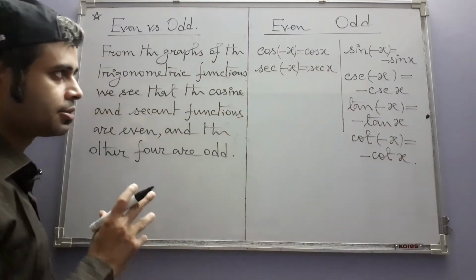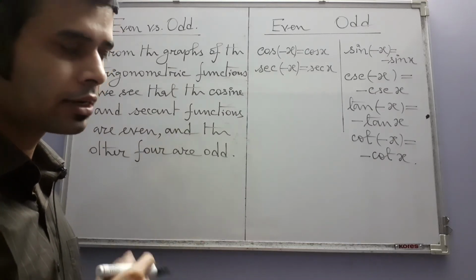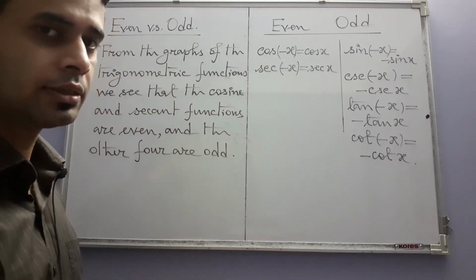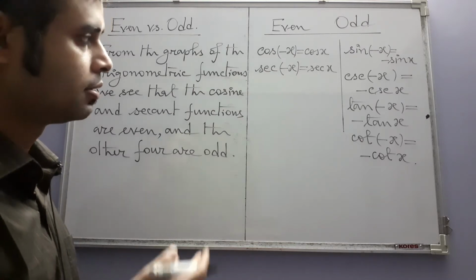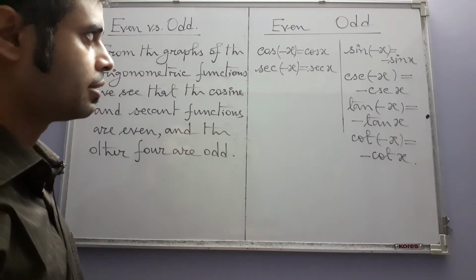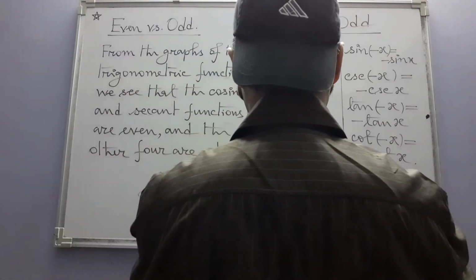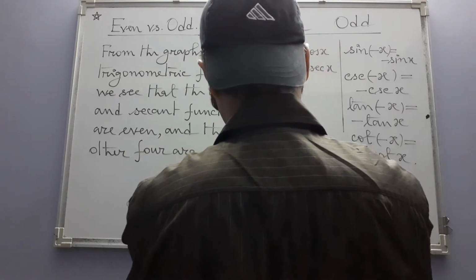Now, besides getting these facts from the graphs of these functions, you can also directly look at their definitions. From there also you can see that, for example, the cosine function is an even function. How you have to look at that fact is just this.